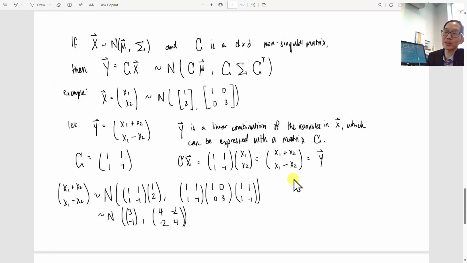And that actually kind of makes sense, because if you have a large value for x1 plus x2, we would expect x1 minus x2 to be kind of smaller. And on the other hand, if the sum of these things ends up on the smaller side, we could expect the difference between them to end up being kind of larger.